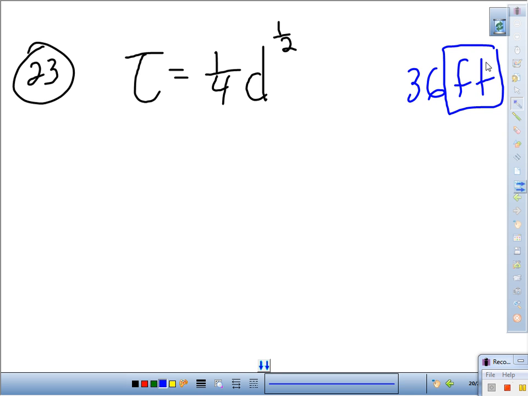Question. Feet. Is that time or is that distance? Guys, feet. Is it time or distance? So instead of substituting in the T, I'm going to substitute in the D. So it's 36 to the 1/2. When these are side by side, it's multiplication to the 1/4 equals T.